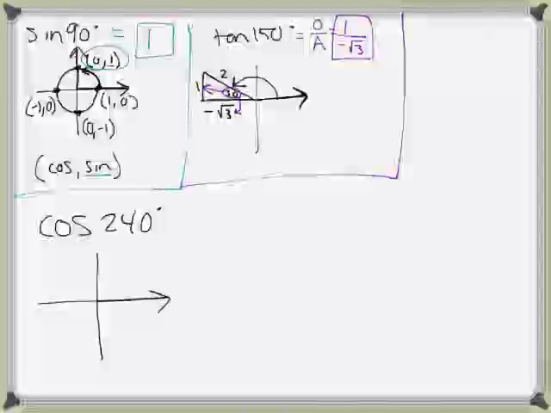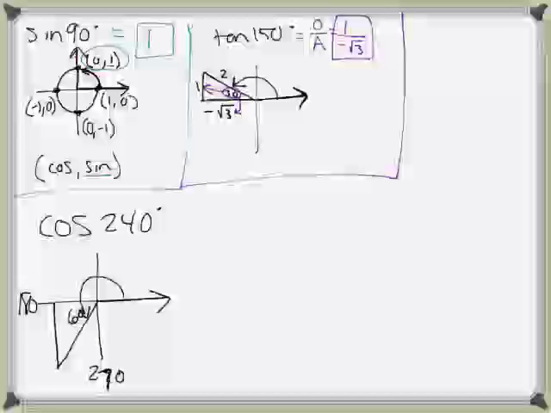I'm going to go 240 degrees around. 180 would be halfway. 270 would be if I went to the next 90 divider. So I don't want to go that far, so I'm going to stop somewhere in here. So how far past the 180 did I go? 60 degrees past the 180 would be 240. I can do 240 minus 180, and that left over is 60.